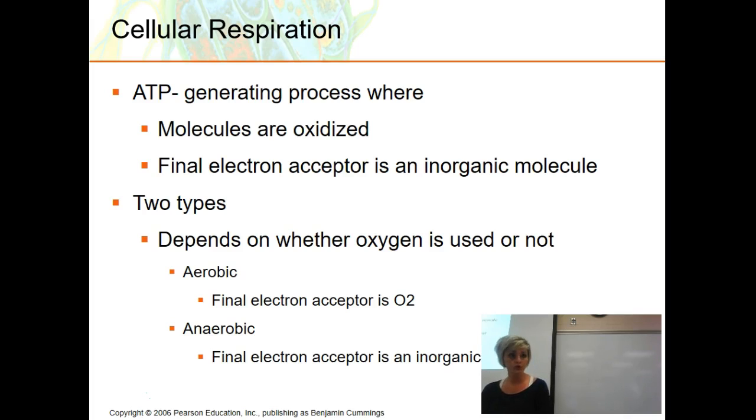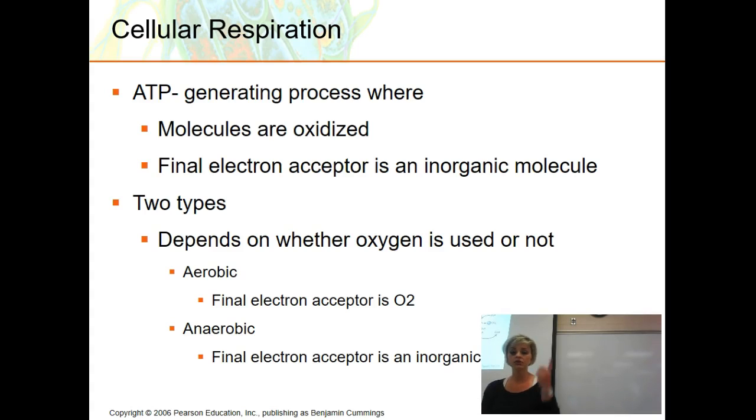Aerobically is where you're going to generate the most ATP. Very successful. Anaerobically, they can generate ATP, but they're much slower in how they do it. It does not provide the same amount of energy. So we're going to look first at aerobic respiration.